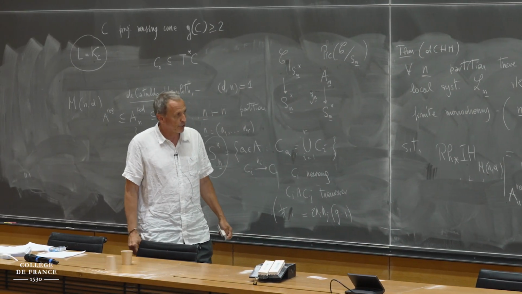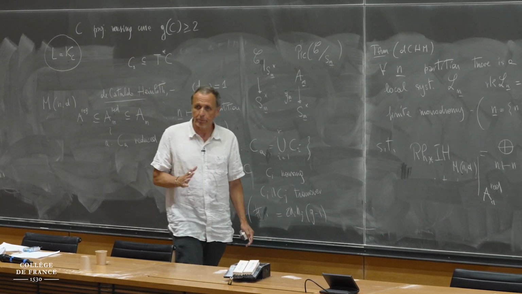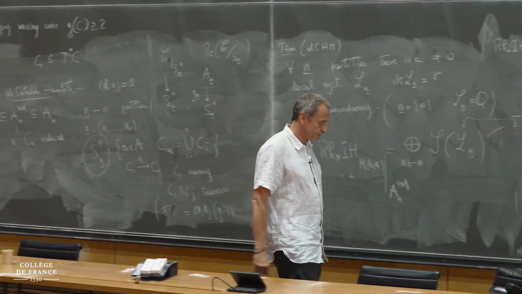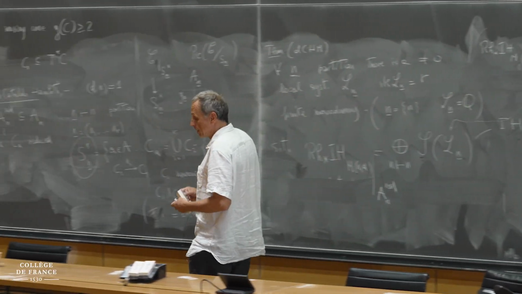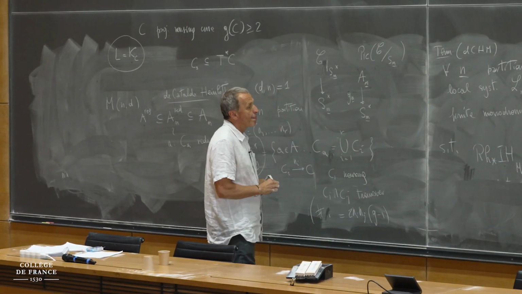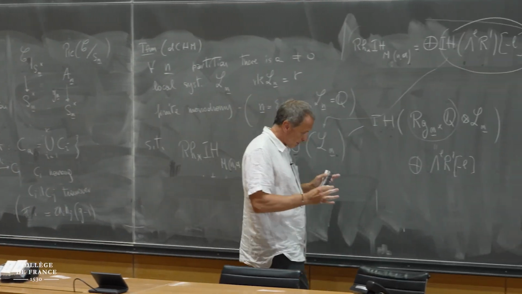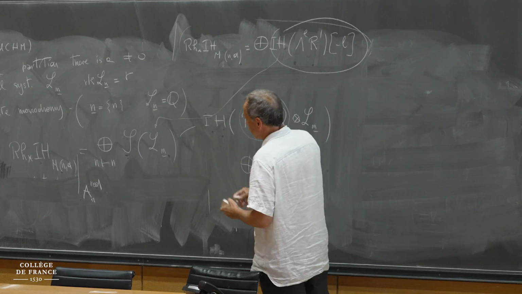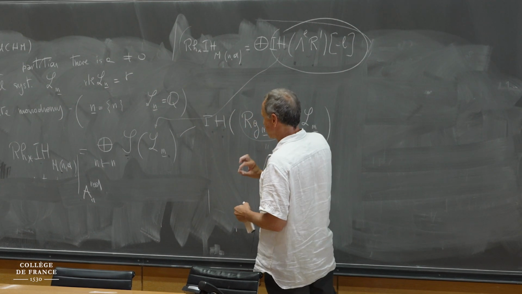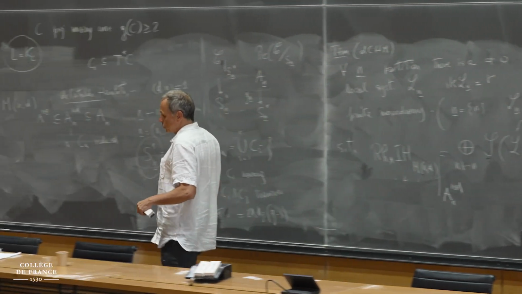I would tend to conjecture that this holds everywhere, but I have no real evidence except rank 2, I guess. So you see there's a completely different behavior from the case in which the twist is by a degree which exceeds 2g minus 2.